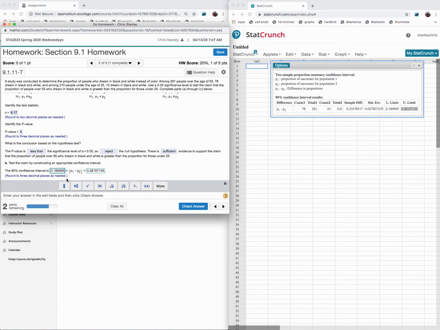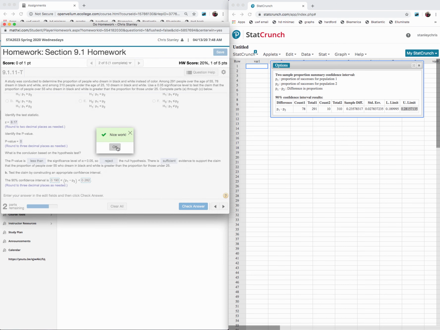Three decimals, so that 9's going to bump that up. I think that's right. And this one has to go to a 2. So I'm just rounding there.